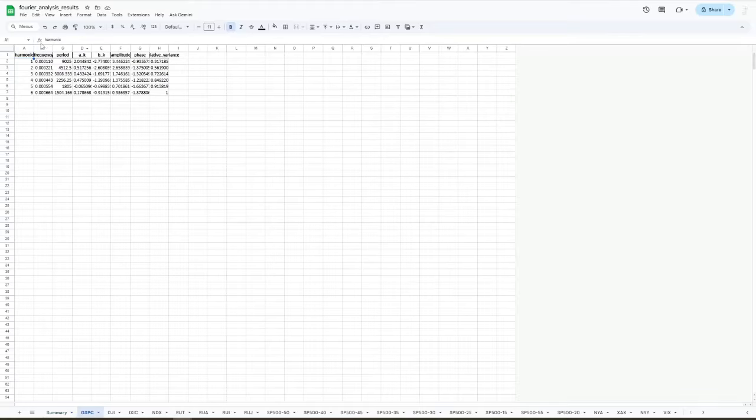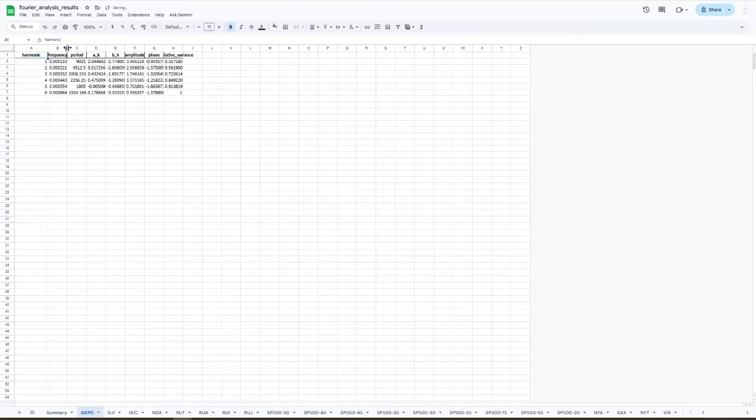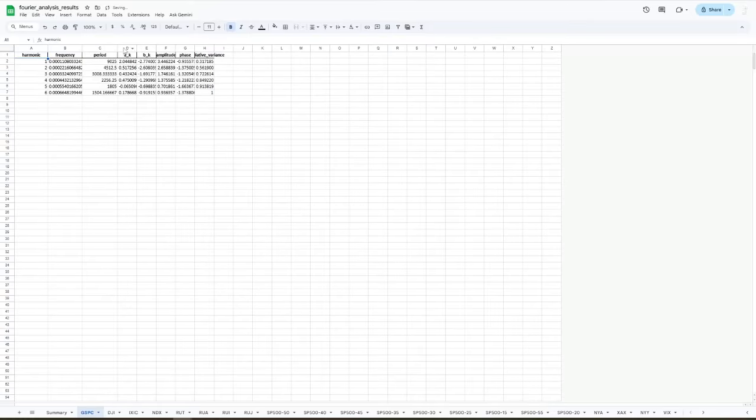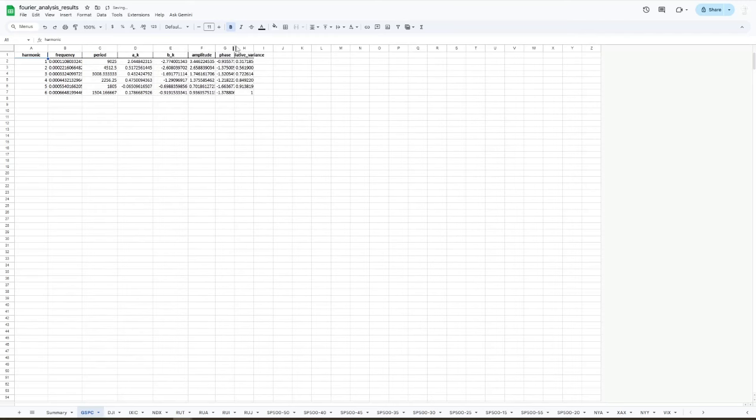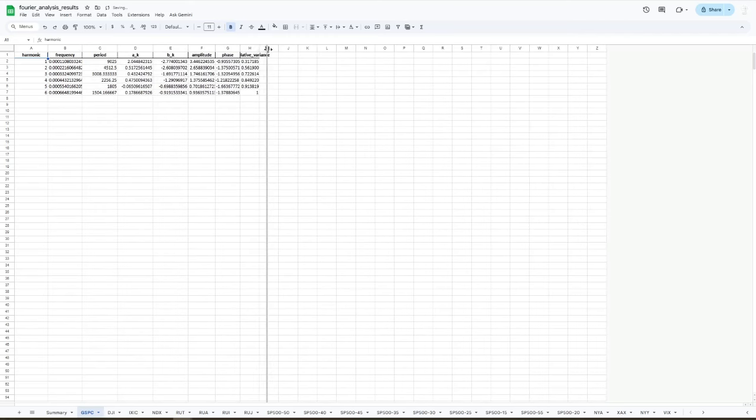If I take it page by page, then you will see something very interesting, which are the parameters that come out from the Fourier transform. So we have the AK and the BK, which are the parameters of the Fourier transform, and then we have the amplitude and the phase, and the cumulative variance explained.